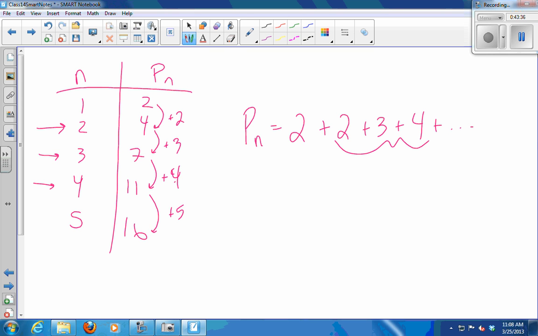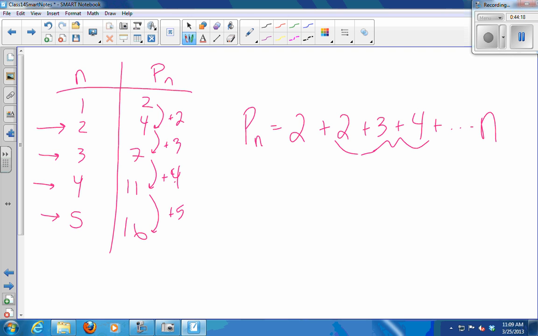So I have to add n minus 1 of these numbers that I'm adding on. So to get to the fifth number in the list, I had to add plus 2 plus 3 plus 4 plus 5. So I'm going to add 2 plus 3 plus 4 plus up to n.